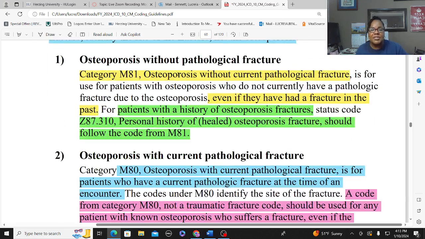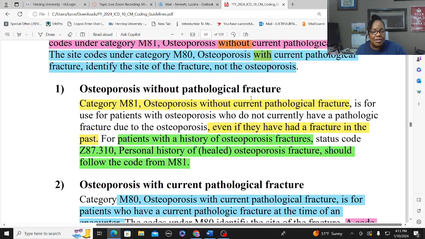So, number one says osteoporosis without a pathological fracture. Category M81, osteoporosis without a current pathological fracture, is for use for patients with osteoporosis who do not currently have a pathological fracture due to the osteoporosis, even if they've had a fracture in the past.